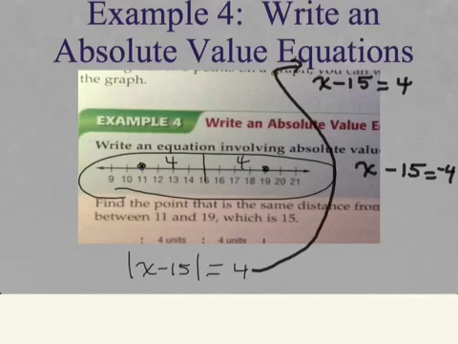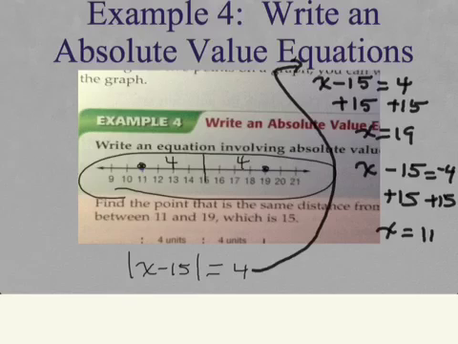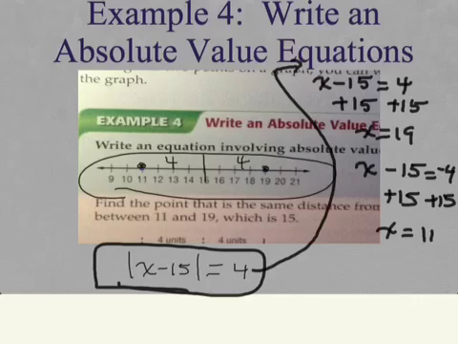Again, here are the two possible things that can happen. x minus 15 is equal to 4. x minus 15 is equal to negative 4. When I solve for x in the first equation, I get that x is 19. When I solve for x in the second equation, I get that x is 11. So the answer would be this absolute value equation.